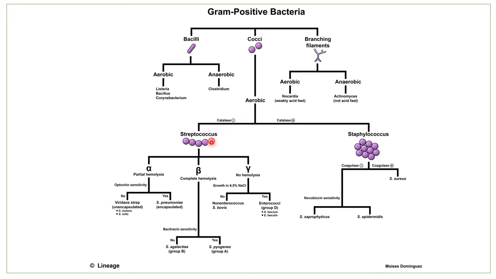So staphylococci or streptococci, then further you can do these biochemicals to identify and confirm whether your culture is streptococcus or a staphylococcus. In case of branching filaments, aerobic, non-aerobic, aerobic is mostly nocardia, that is actinomycete, and another non-acid fast actinomycetes, they are anaerobic.